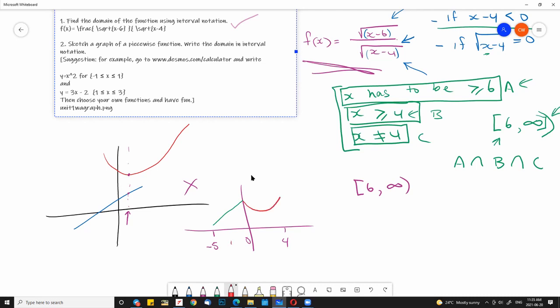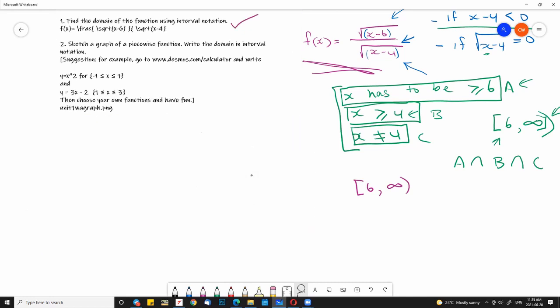In this case, no matter where you put a vertical line along the domain, it will return only one output, one value, right? So don't overlap them. Let's jump into Desmos and see how we can make that happen.